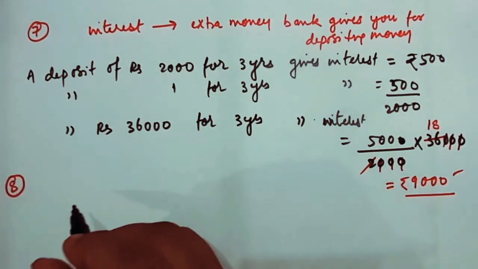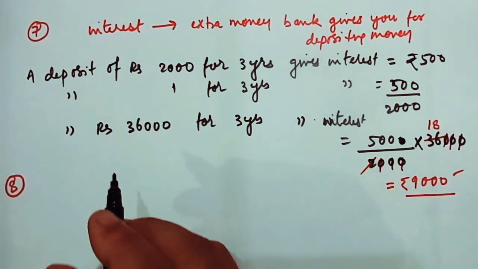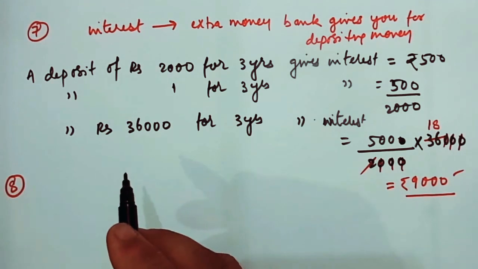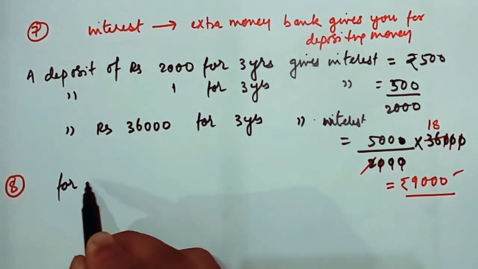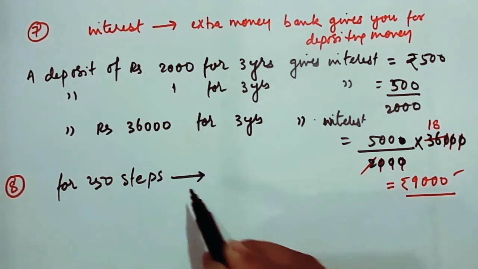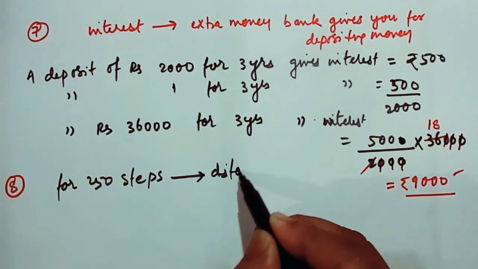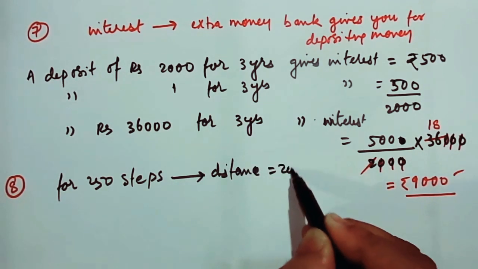Just few sums, my dear. In number 8, John walks 250 steps to cover a distance of 200 meters. For 250 steps, distance is equal to 200 meters.